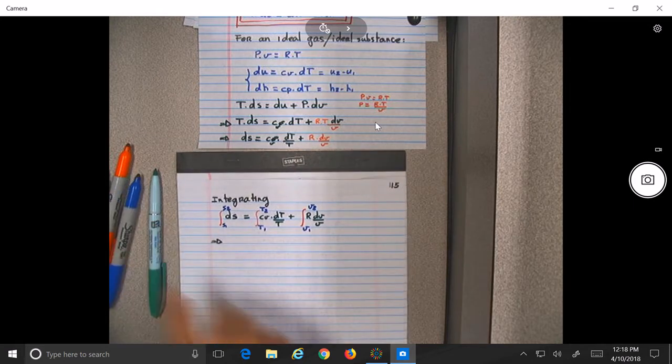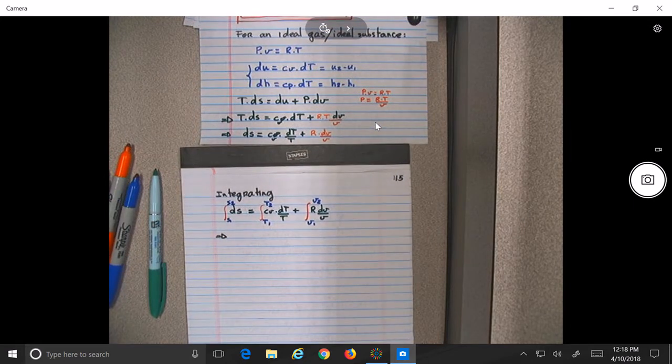So let's say we integrate. I just put the limits to give you. We don't need to put any values.